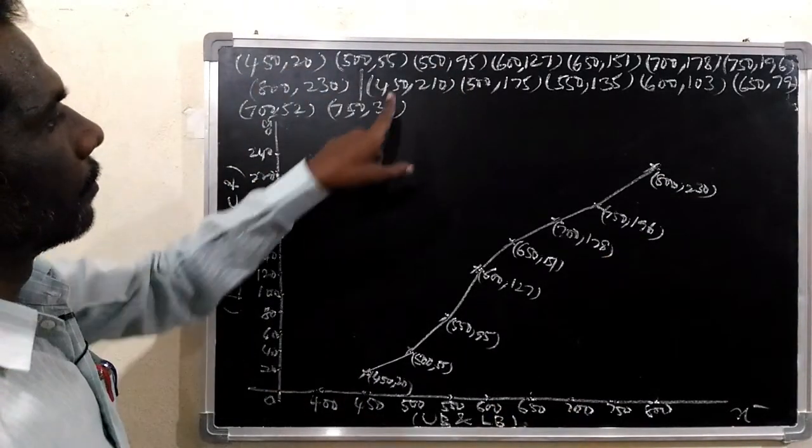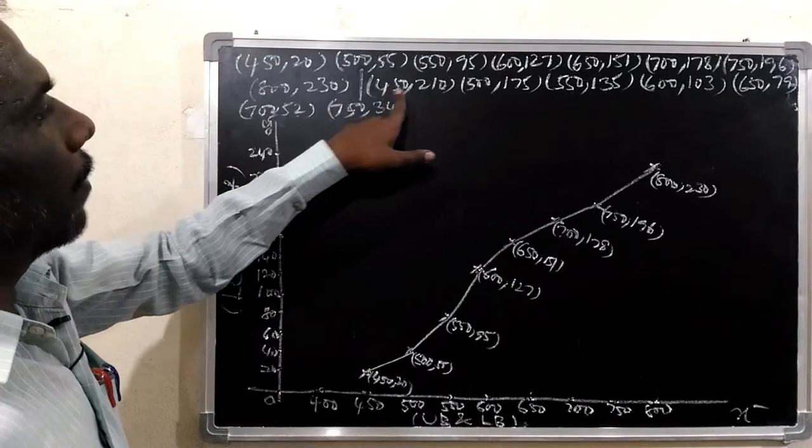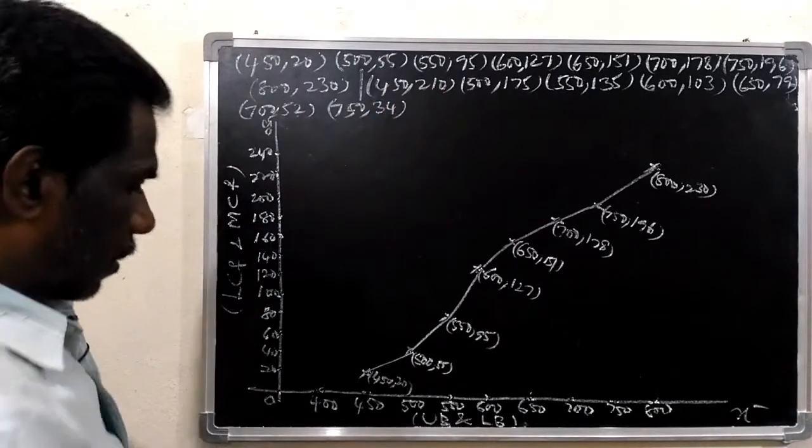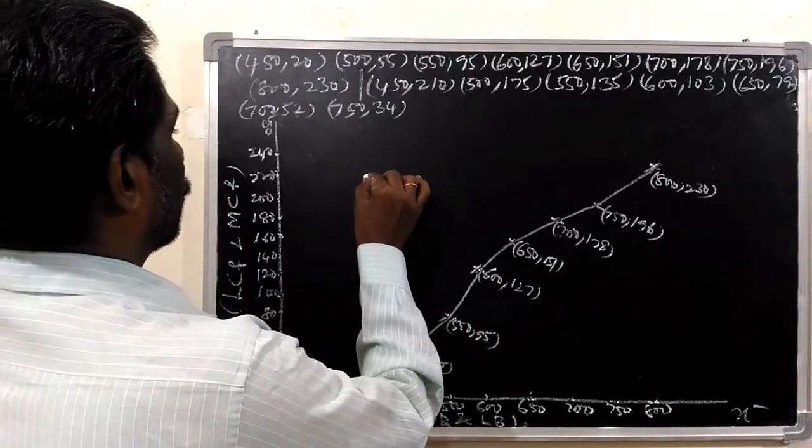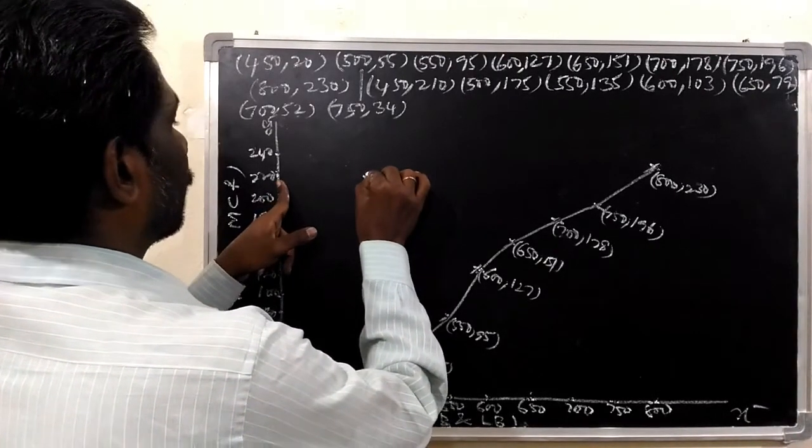And next plotting point is 450 comma 210. This 210 is below 250.